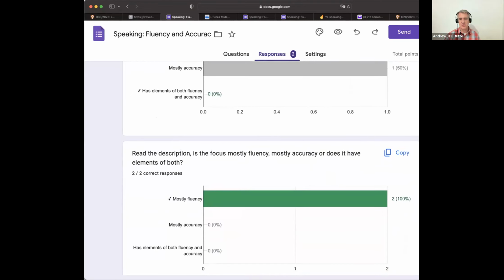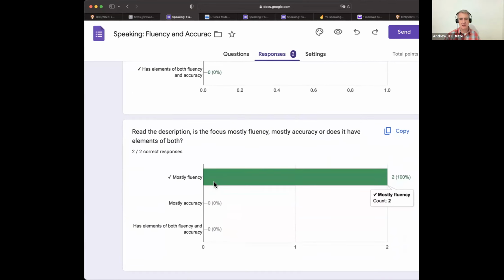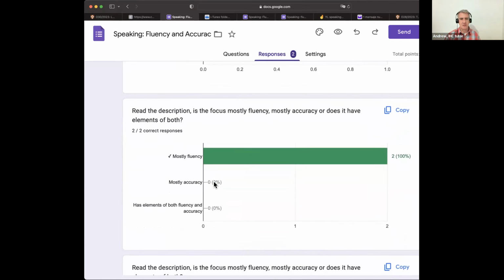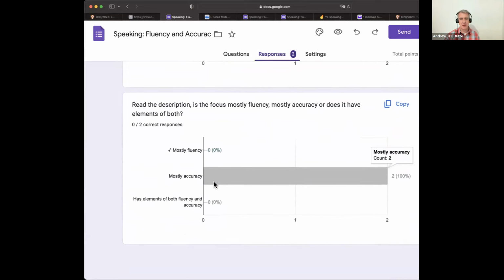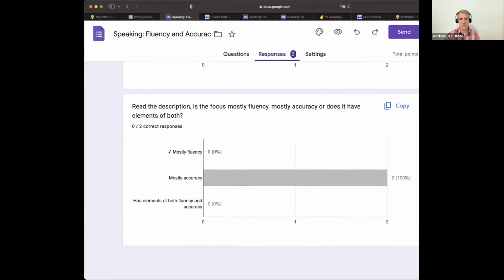Number 7, telling a story is mostly fluency. And finally, 8, questionnaires and surveys. That would be mostly fluency, not accuracy.